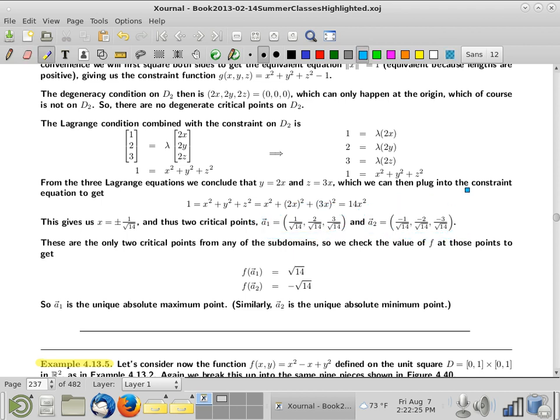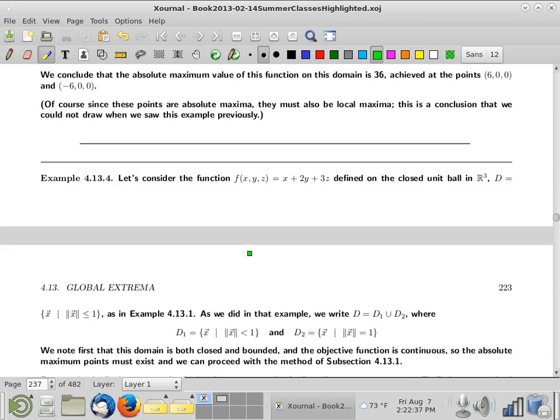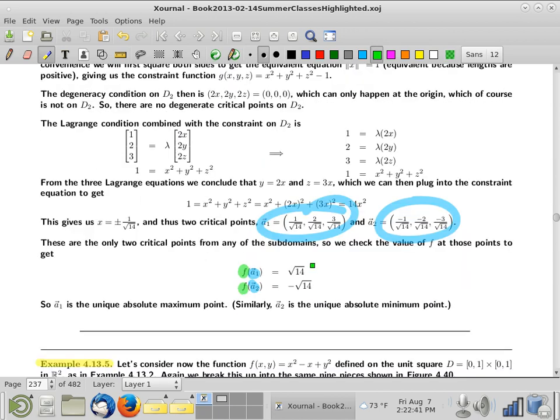We know it's got to be one of these critical points, so we just take these points, plug them into the function that we're trying to maximize, which again is that. And these are those values. So this point is our absolute maximum point. There we go.